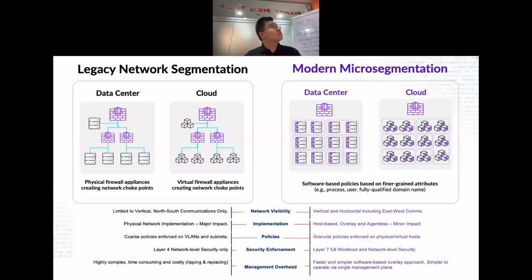Number two is when you implement microsegmentation, we don't need to redo the entire network architecture, because what you need to do is just install an agent, a software that you install in, let's say, your laptop or your server, and then that's all.